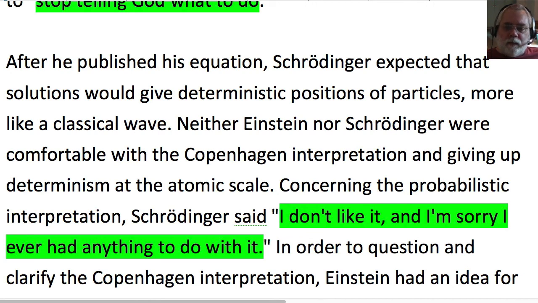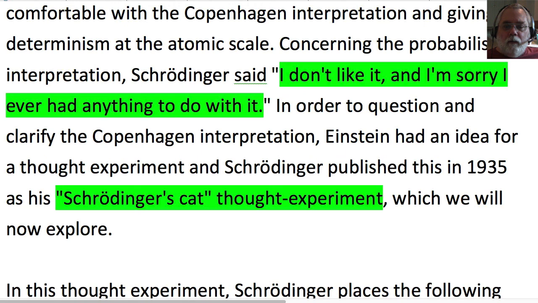Concerning the probabilistic interpretation, Schrödinger said, "I don't like it, and I'm sorry I ever had anything to do with it." In order to question and clarify the Copenhagen interpretation, Einstein had an idea for a thought experiment, and Schrödinger published this in 1935 as his Schrödinger's cat thought experiment, which we will now explore.